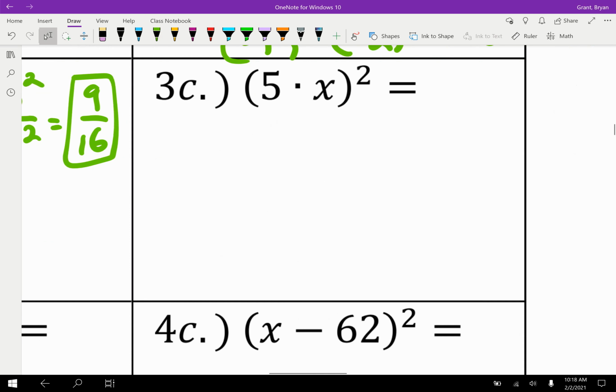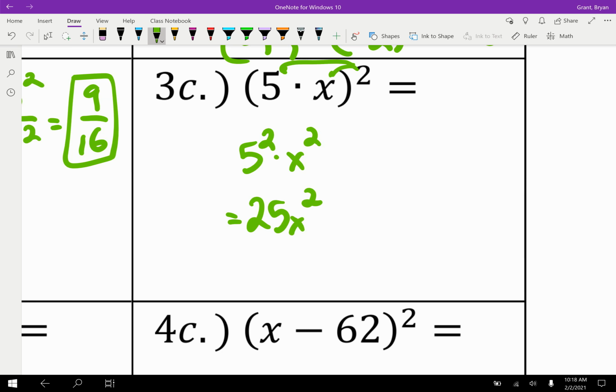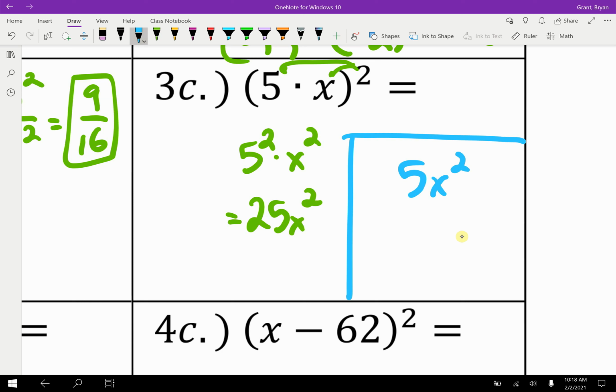Last but not least, I see multiplication. We are allowed to distribute an exponent here. That becomes 5 squared times x squared, which is 25x squared. You should note, though, that this answer, and I see this come up a bunch with students, is different than 5x squared. Sometimes I see students say 5x squared, oh, that's 25x squared.